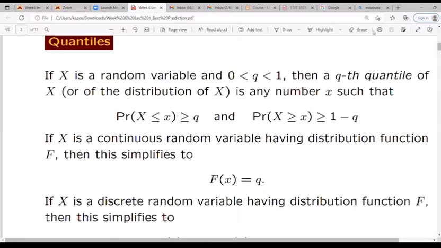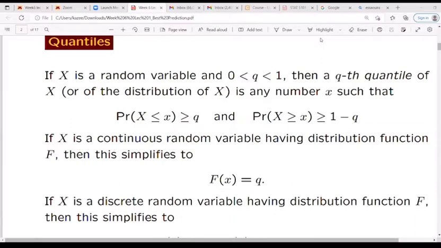If you want to know how many values are below or above a certain limit, automatically you'll be looking for a quantile.